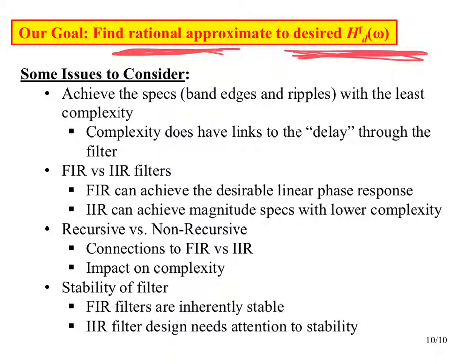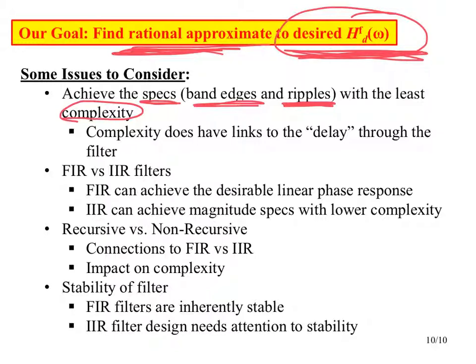And so what we're trying to do is we've got some specs, so we've got a desired response and we've got the goal of approximating this with a rational function, and we've got some specs, things that are like band edges and ripple levels, and our goal is to try to achieve those specs with the least amount of complexity, so the fewest number of multiplies and additions.